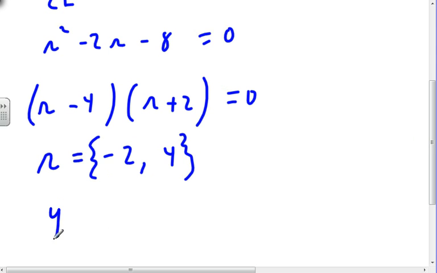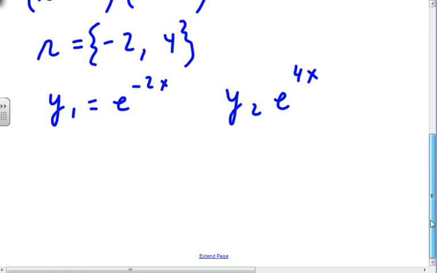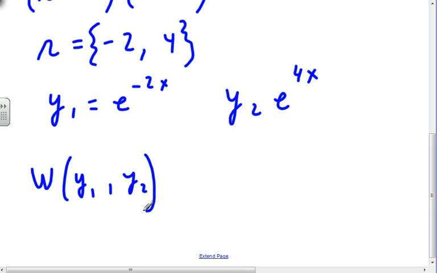And now I have y sub 1 is e to the minus 2x, and y sub 2 is e to the 4x. Okay. Then I need to find the Wronskian of y1, y2.